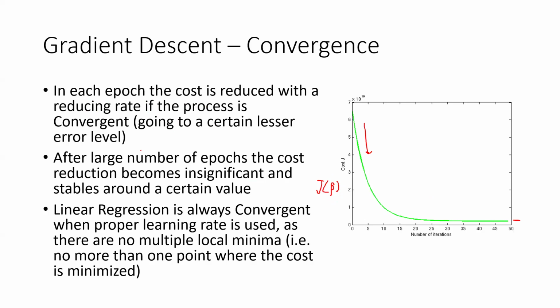Only if you take a smaller learning rate, then you would be able to see the cost getting reduced in each of the iterations, right? Like this. If it is getting reduced, that is known as converging, right? So if it is going to this optimum value, that means the algorithm has converged, right?